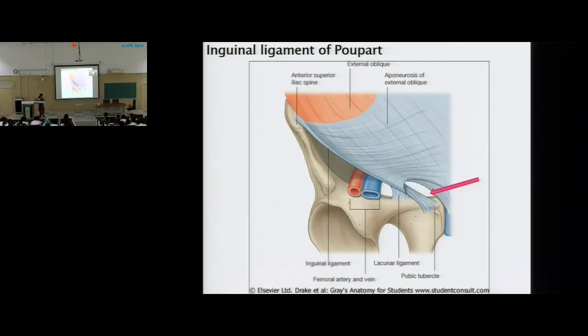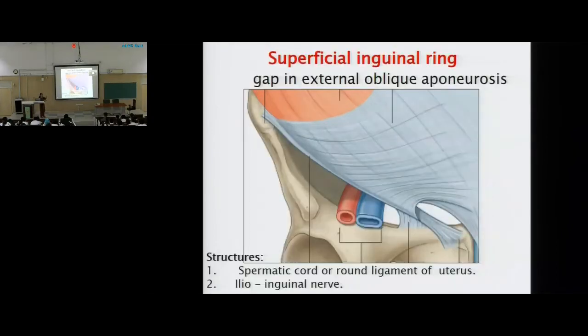Beneath the inguinal ligament, over which fascia? Over fascia iliaca, very good. And anteriorly bounded by fascia transversalis. उस fascia transversalis को हम यहाँ पे trace करेंगे. Okay. Then, wait. We are going to trace that fascia transversalis.